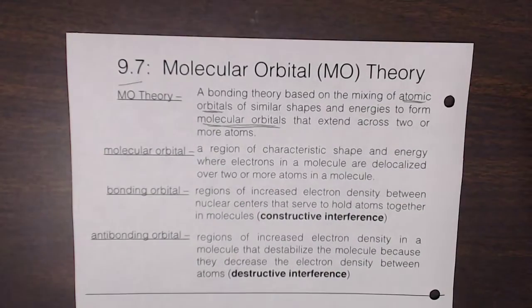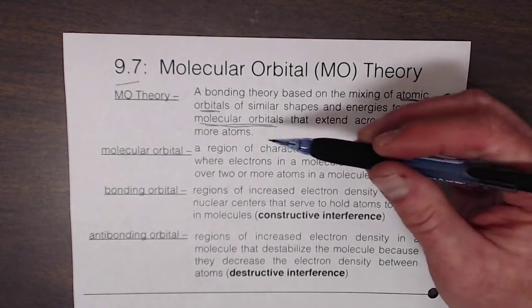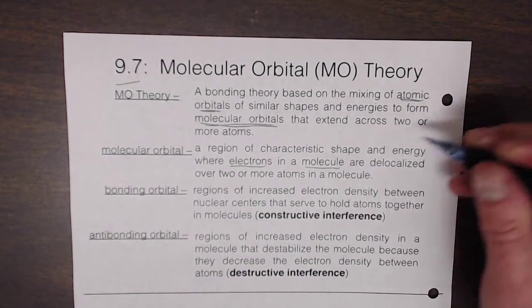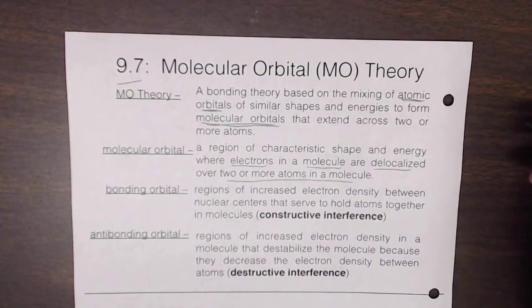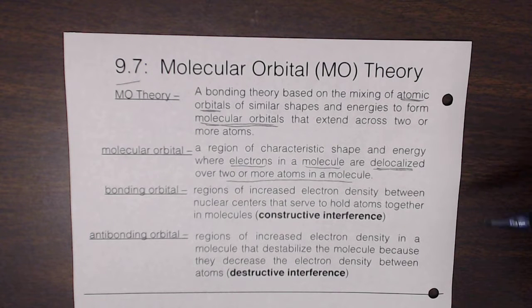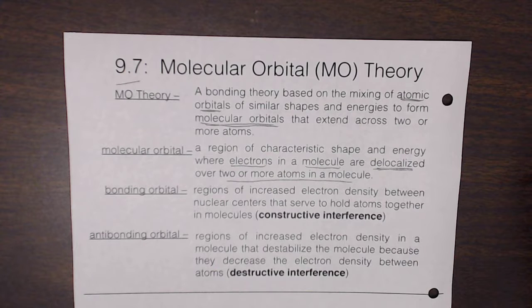And so, of course, a molecular orbital is a region of characteristic shape and energy where electrons in a molecule are delocalized over two or more atoms in a molecule. So recall, delocalization describes when electron probability is spread out over a large region in a molecule.